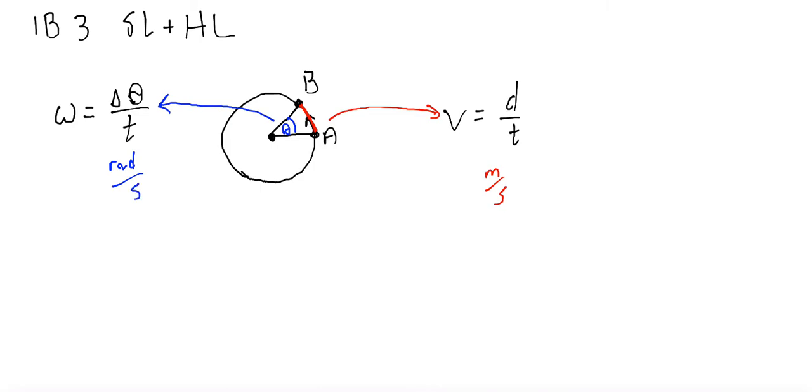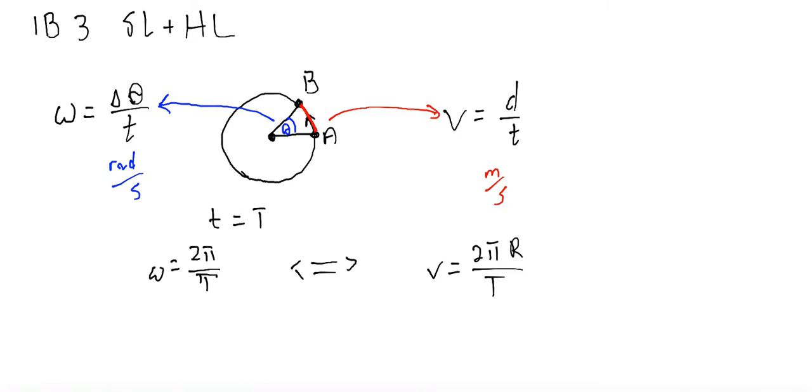Of course, there is a link. Let's imagine that an object travels one full revolution, so in a time equal to 1 period. What is the angular speed? Angular speed is 2 pi radians in a time of 1 period. What is its linear speed? Its linear speed is the circumference, so 2 pi r divided by T. So you see this part, 2 pi over T, is exactly the same.